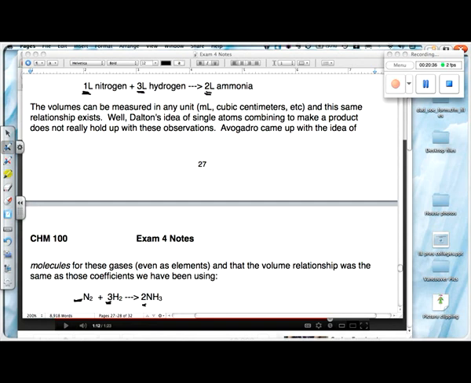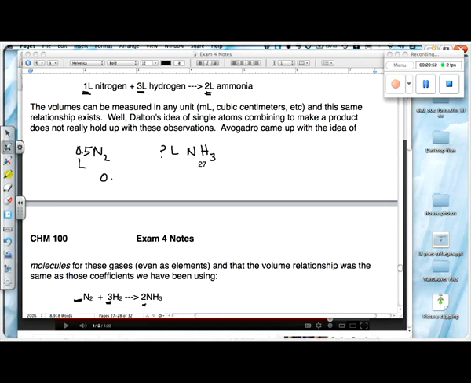So what it means is this. If I had half a liter of nitrogen, and under the same conditions I wanted to know how many liters of ammonia you would make, you don't have to go through the mole and everything.